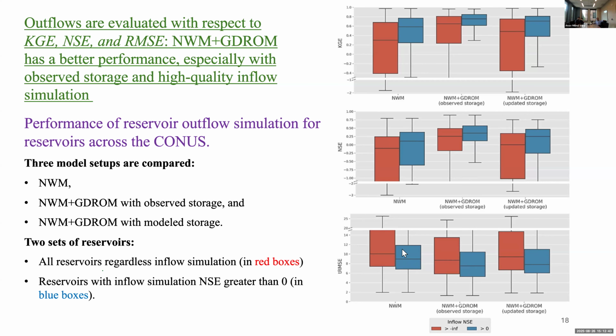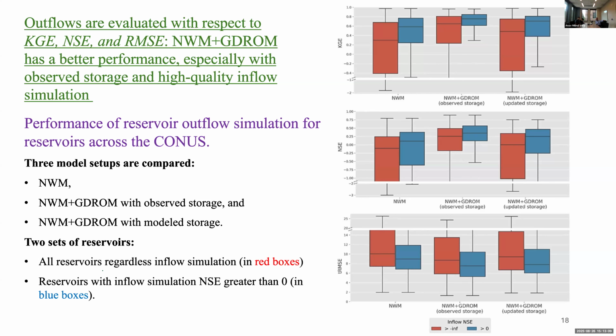But you can also notice that for low flow, although we have a little bit of improvement, we don't have much improvement compared to the original NWM. Why is that? One of the reasons we're thinking about is that the low flow is not well simulated in the model.